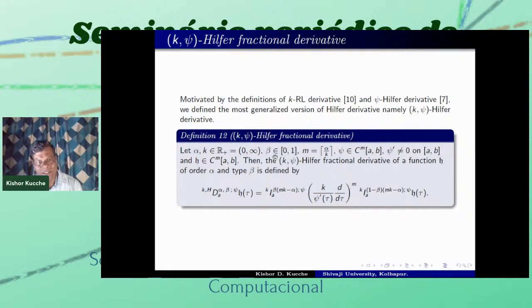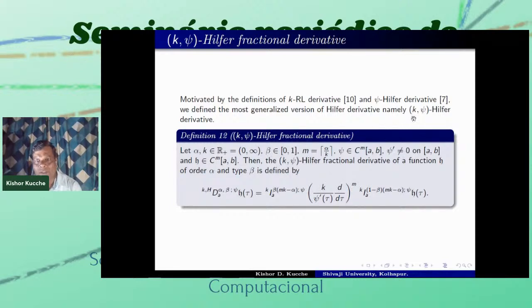Motivated by this study, having with us the k Riemann-Liouville derivative, k Riemann-Liouville fractional integral, and k-psi Riemann-Liouville fractional integral, and the concept of psi-Hilfer derivative given by Sousa and Oliveira, we attempted to give a generalized version of the Hilfer derivative with an additional parameter k.